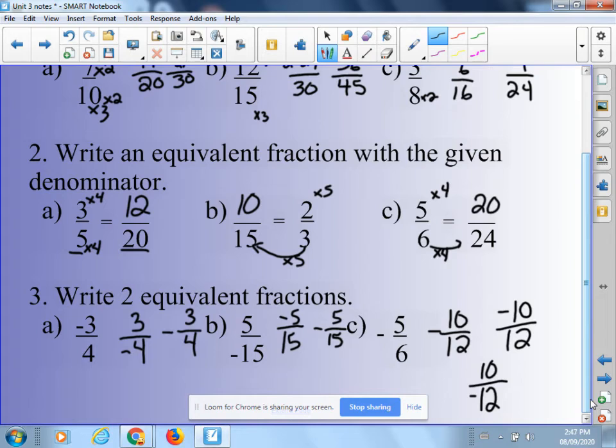So I multiply the top and bottom by the same number still, and the negative is still only there one time. Okay, the most important part to remember there, the amount of negatives does not change.